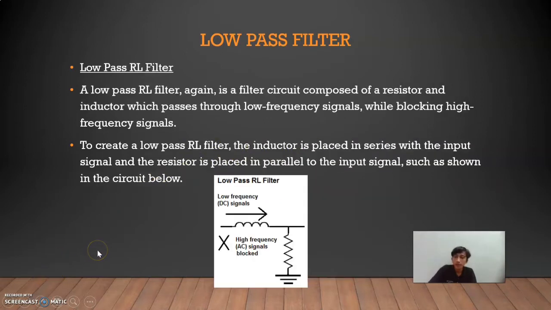And for the RL filter, to create it, the inductor is placed in series with the input signal, and the resistor is placed in parallel to the input signal. That's the difference between the RL filter and the RC filter. Okay, go to the next page.